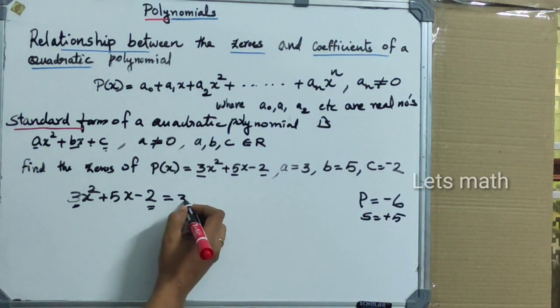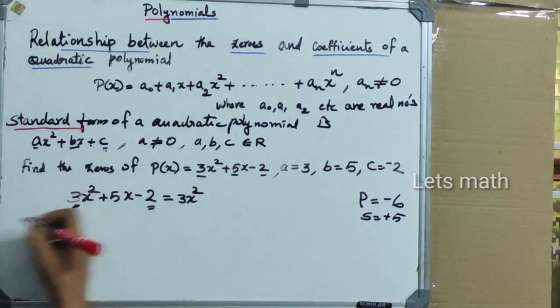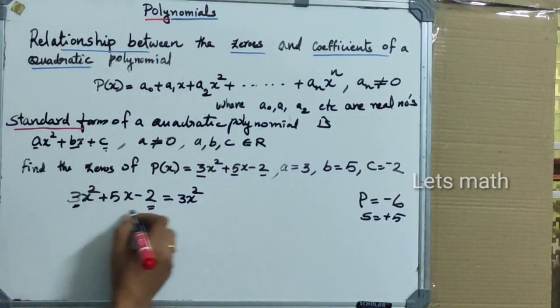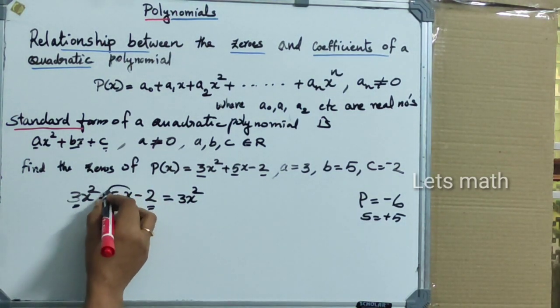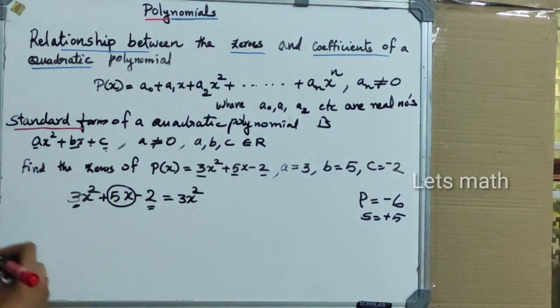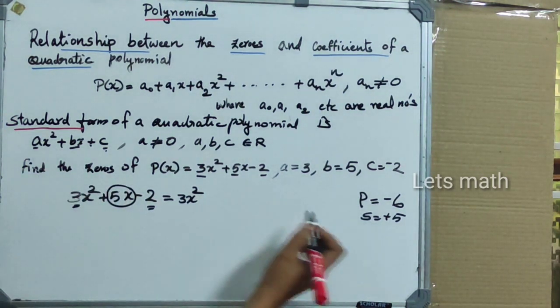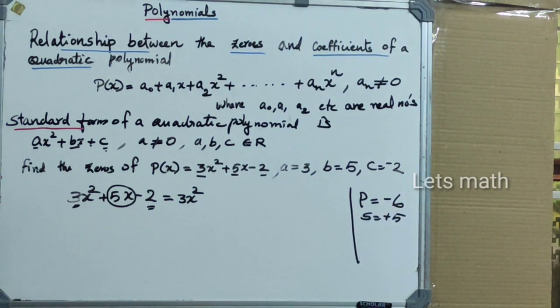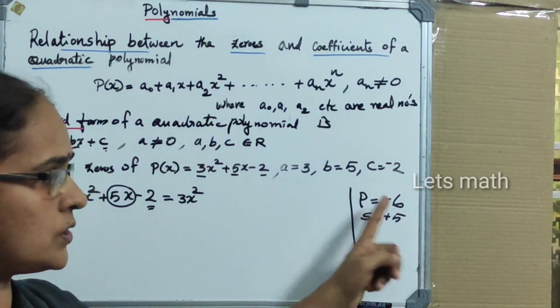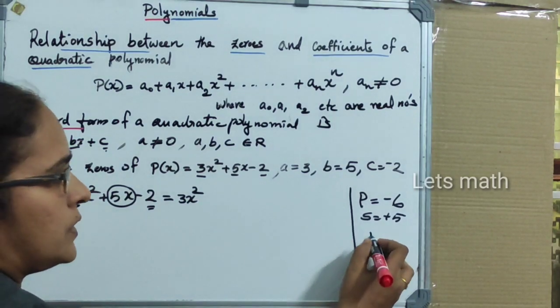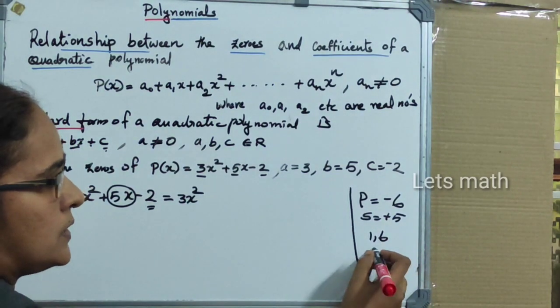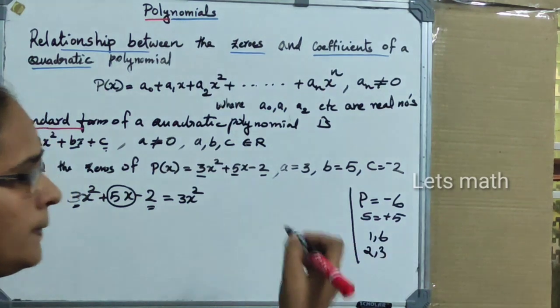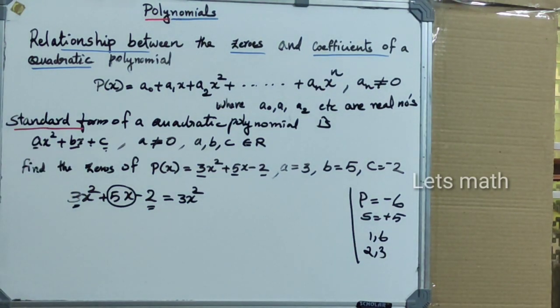So, first term 3x square. Now we have to split up this 5x. So we have to find two numbers. For that, think of the factors of 6. Which are the factors of 6? 1 into 6, 6. 2 into 3, also 6.